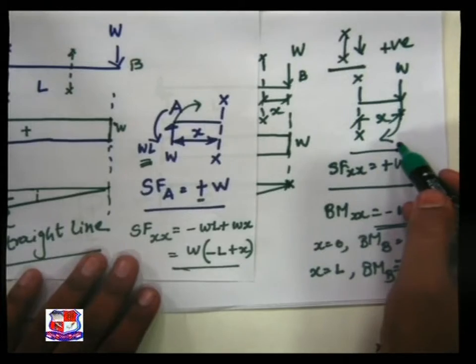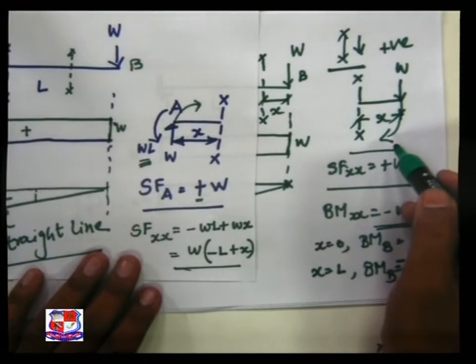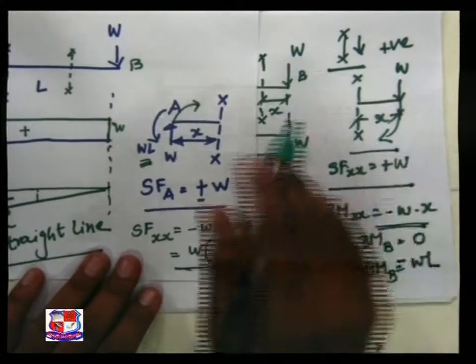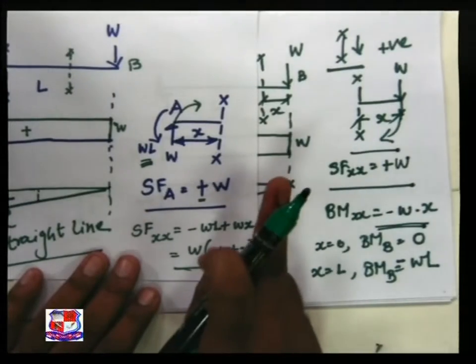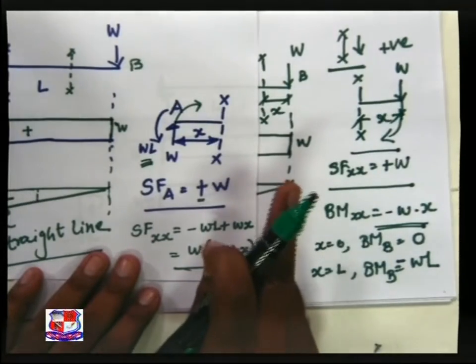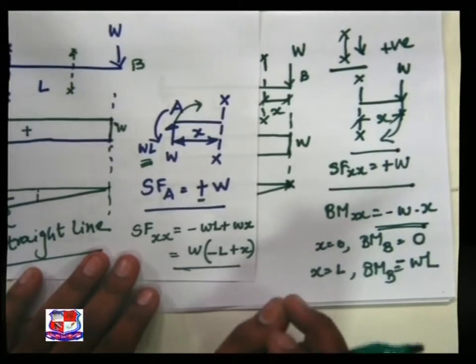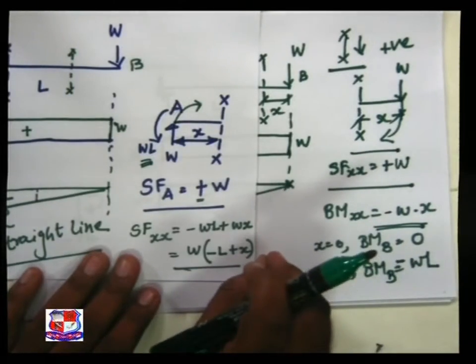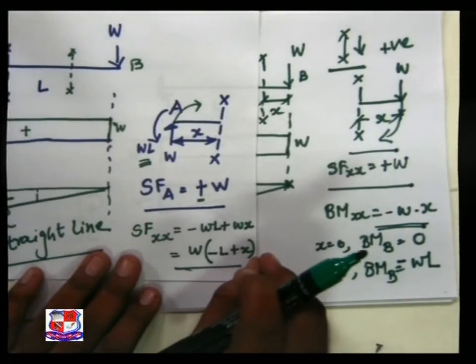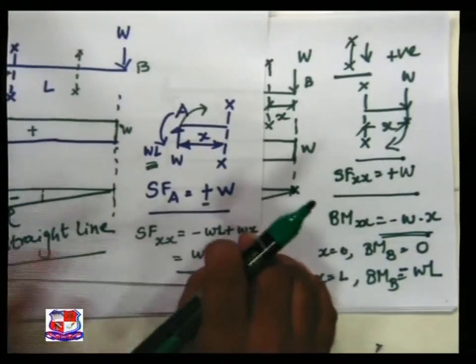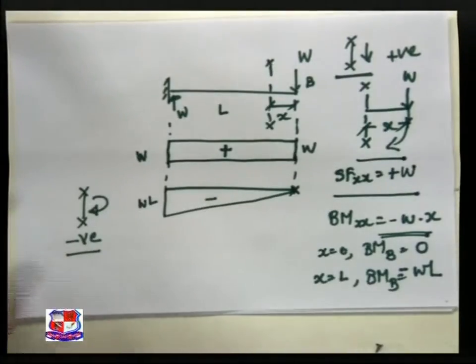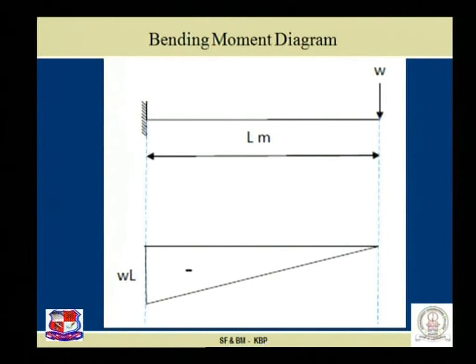So from now onwards, when we solve problems, we take a section from the right side for a cantilever beam, so that our equation is simplified and we can plot the SF and BM diagrams very easily. So from this first problem, it is clear we can plot SF and BM diagrams for the cantilever beam subjected to the point load.